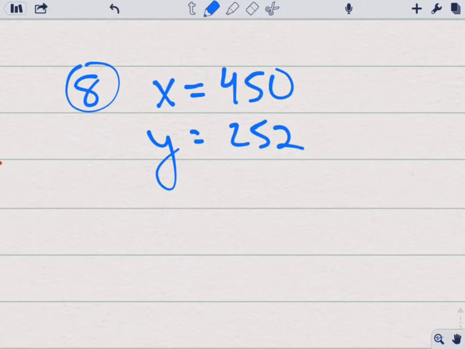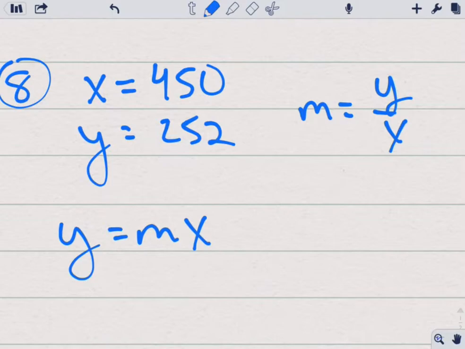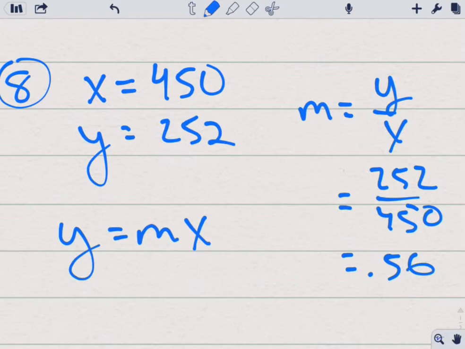So we need to find m, and this follows y is equal to mx. We're trying to find the proportion of voters who voted for it. One way to do that is we can just say m is equal to y divided by x. So that's 252 divided by 450, which is equal to 0.56. That's the same thing as if I plug in 252 is equal to m times 450.